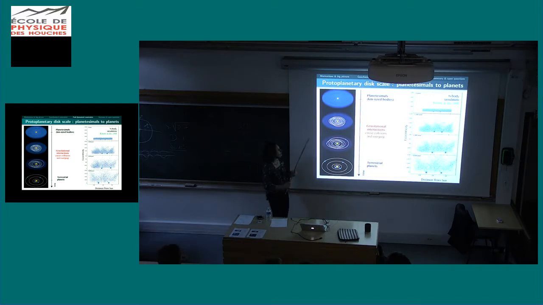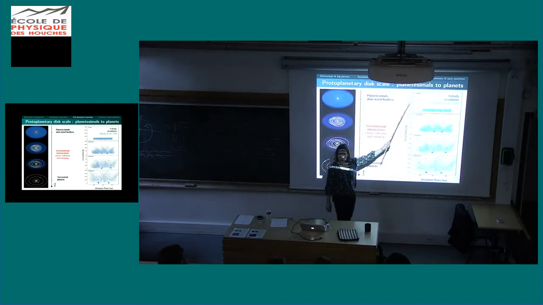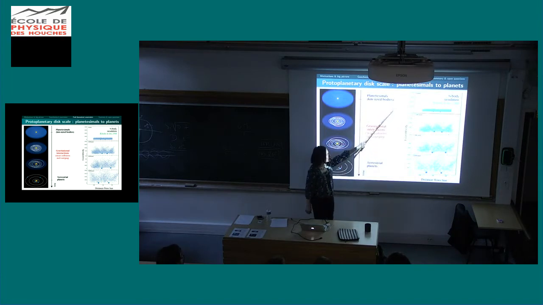You consider a number n of particles, and you solve the equations of motion for those n particles. Each time they collide, so each time their orbits cross, you assume that they merge and form a larger object. Like that, you can grow bigger and bigger objects. Here you have an example of one of the results from one of those n-body simulations.